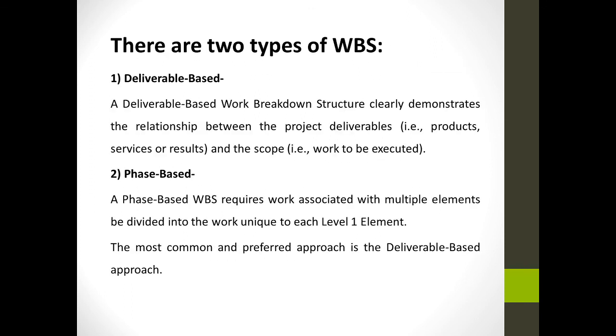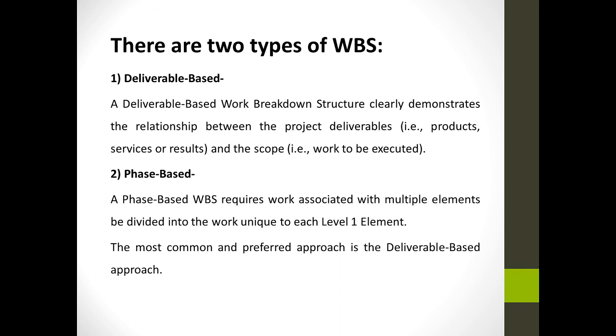There are two types of work breakdown structure: deliverable based and phase based. A deliverable based work breakdown structure clearly demonstrates the relationship between the project deliverables, that is, the products, services, or results, and scope, that is, the work to be executed.